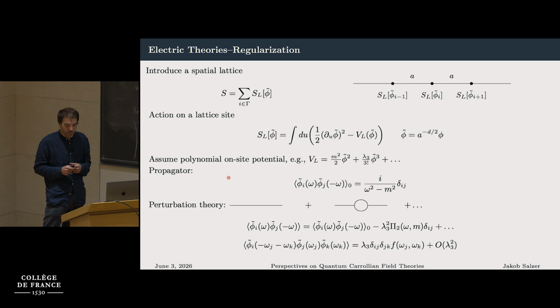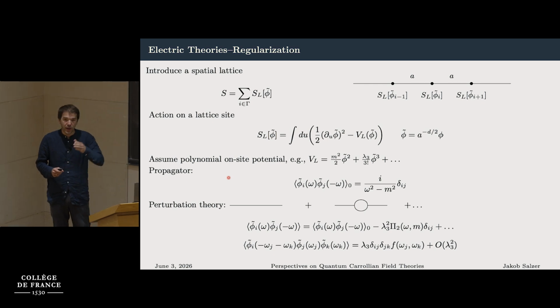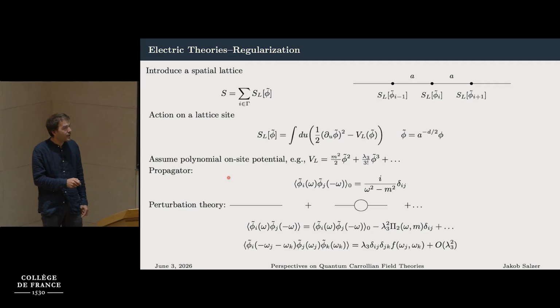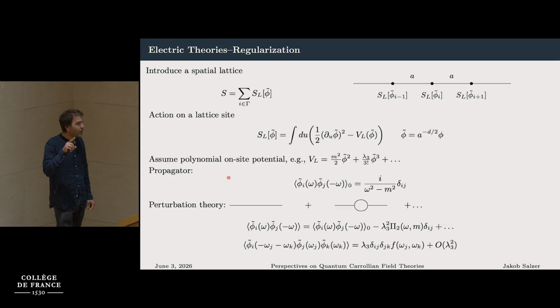Notice that I did the Fourier transform here, so I'm in a mixed case where I'm in position space on the spatial part, but in Fourier space on the time part. So these fields, it's a Fourier transform, e to the I omega u. And of course I have a delta ij here because these quantum mechanics don't talk to each other, right?